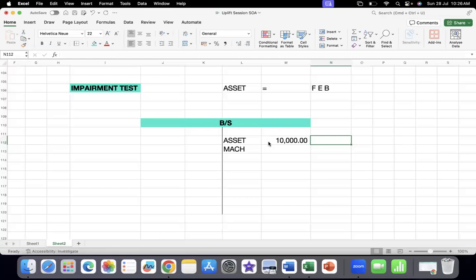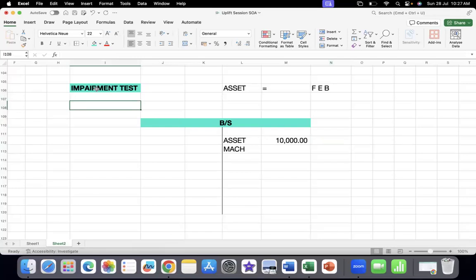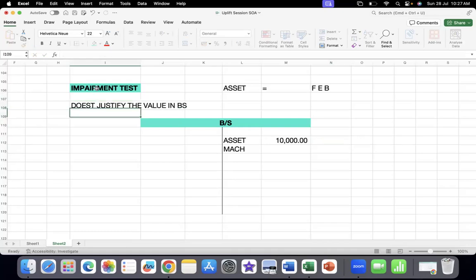And what impairment means, it's related to repairment or repairs, but impairing something means that it doesn't justify the value in your balance sheet.